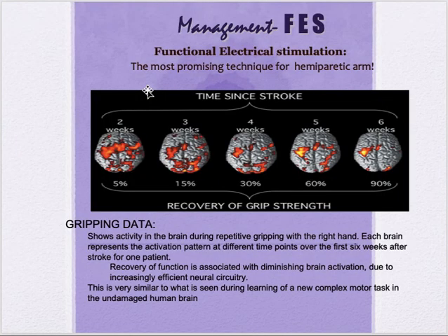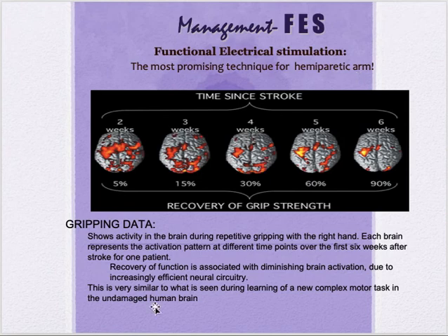Then comes functional electrical stimulation, and we have talked about this before. I told you that functional electrical stimulation can be used in many patients. It is the most promising technique for the hemiparetic arm.